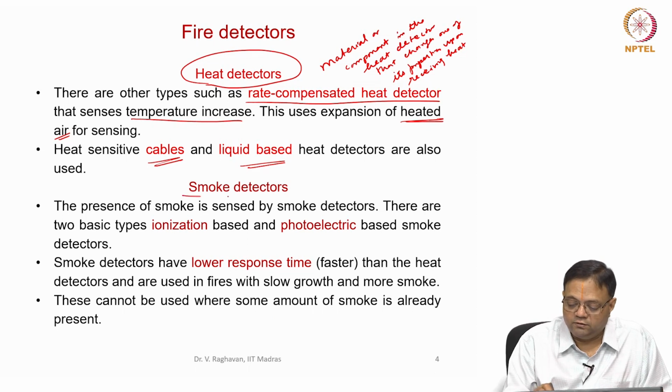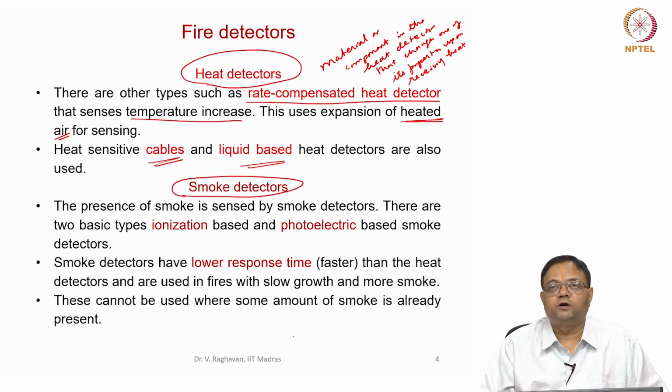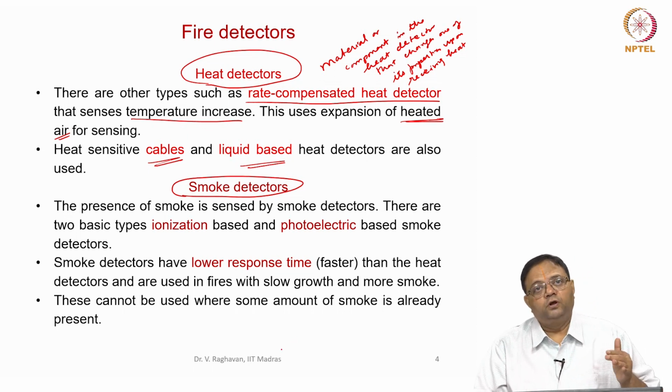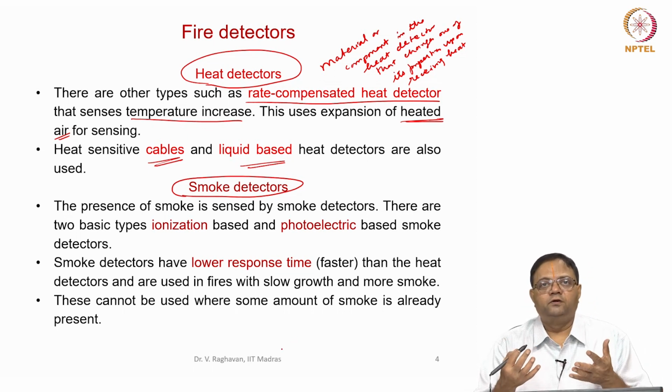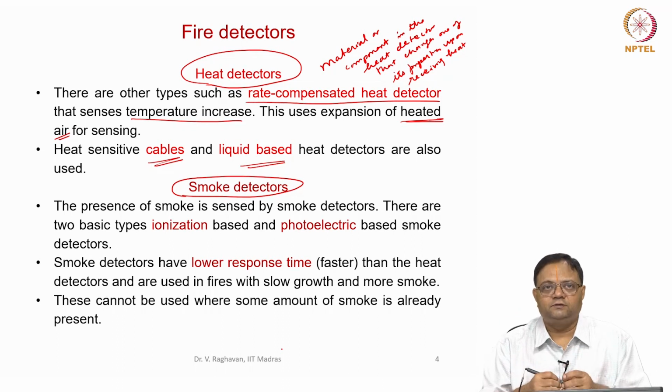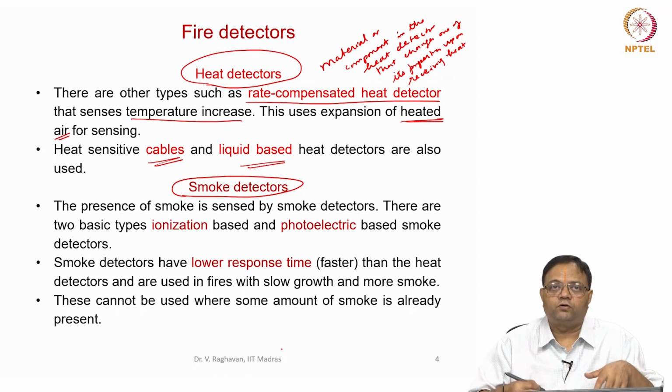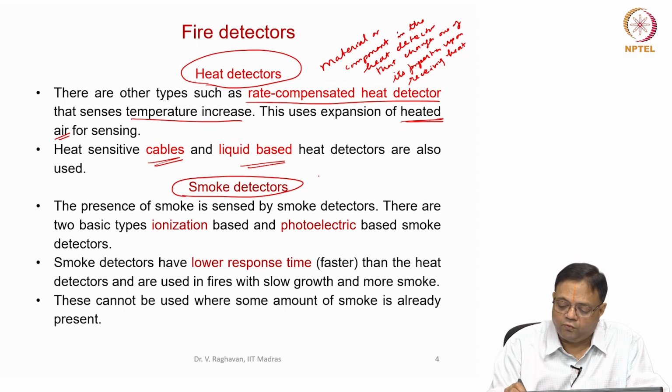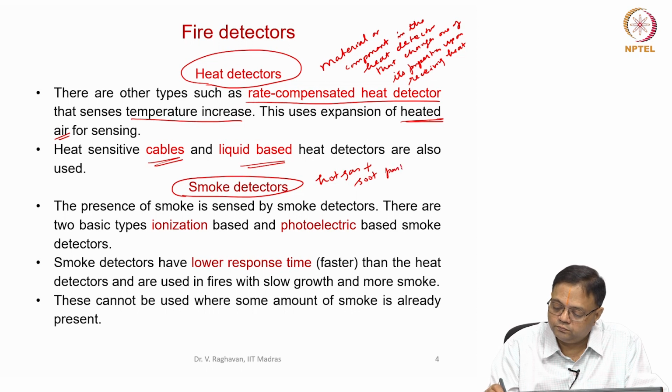The second category is smoke detectors. Here, as I told you, the hot gas has some heat which is transferred to the heat detectors, that is one. But when the smoke comes in, smoke is what? Hot gas plus soot particles or carbonaceous particles.